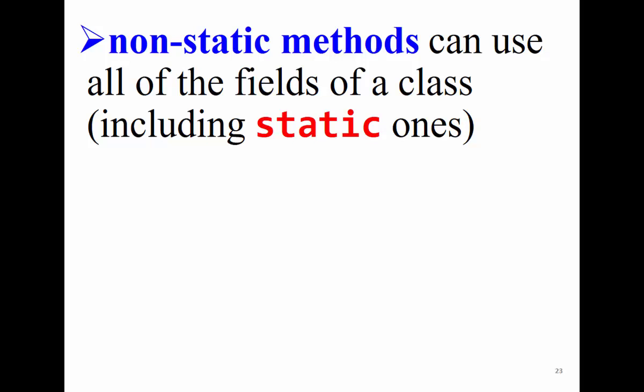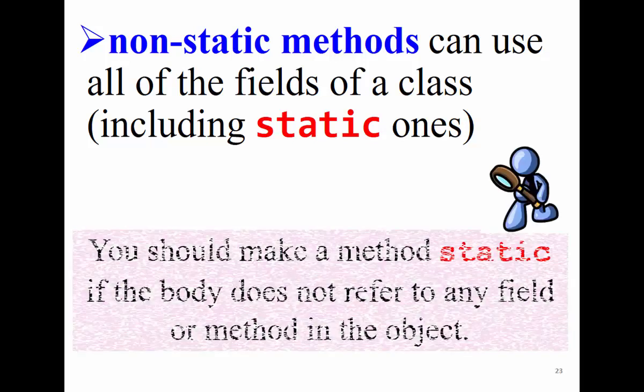A constructor is a non-static method, but it has a special, allow me to say that, a constructor is not a method. A constructor has a special purpose inside the class, which is to create an object in the proper state. So any non-static method can access static and non-static fields. There's no restriction on non-static methods.